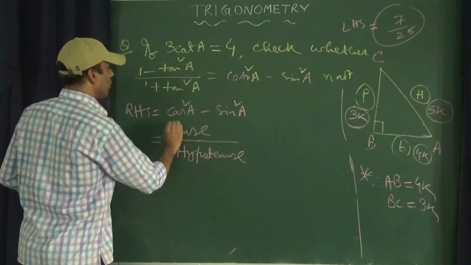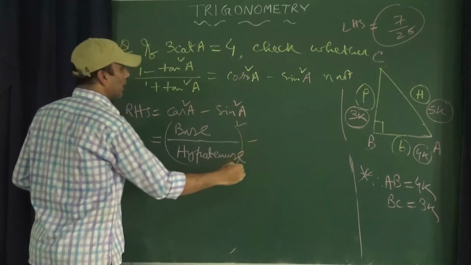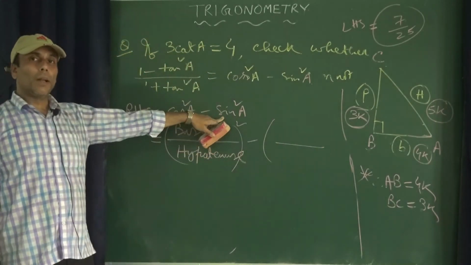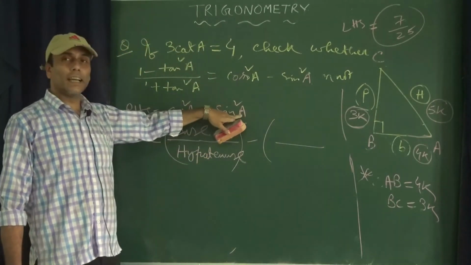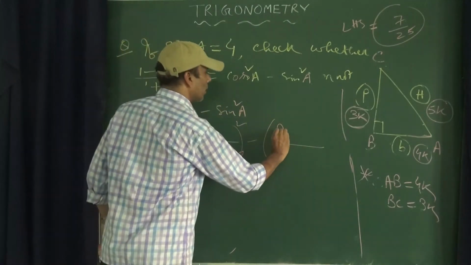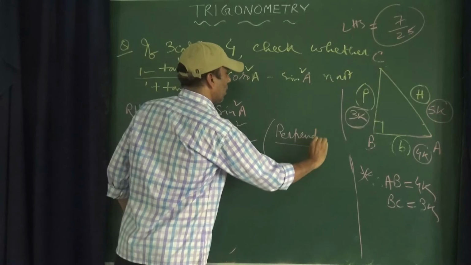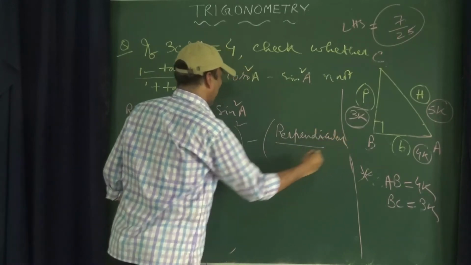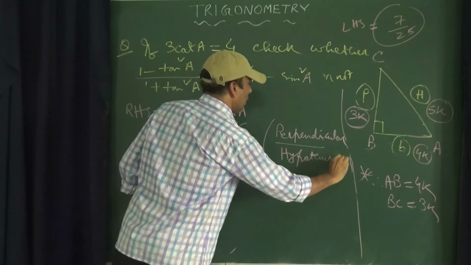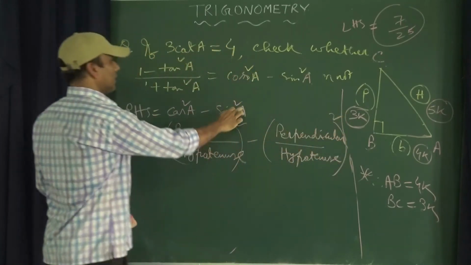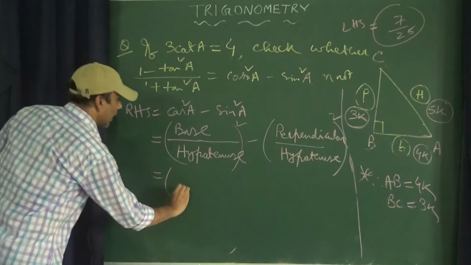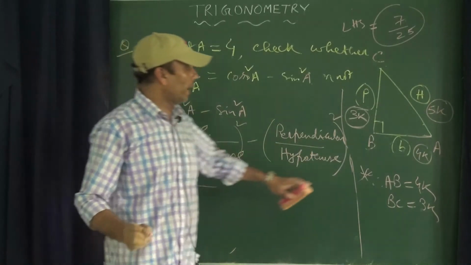Base by hypotenuse whole square minus, how to define sin theta? Sin theta is perpendicular by hypotenuse. Here sin square A is there, so perpendicular by hypotenuse, and then the whole square we have to write. Now in this diagram, what is the name of the base?